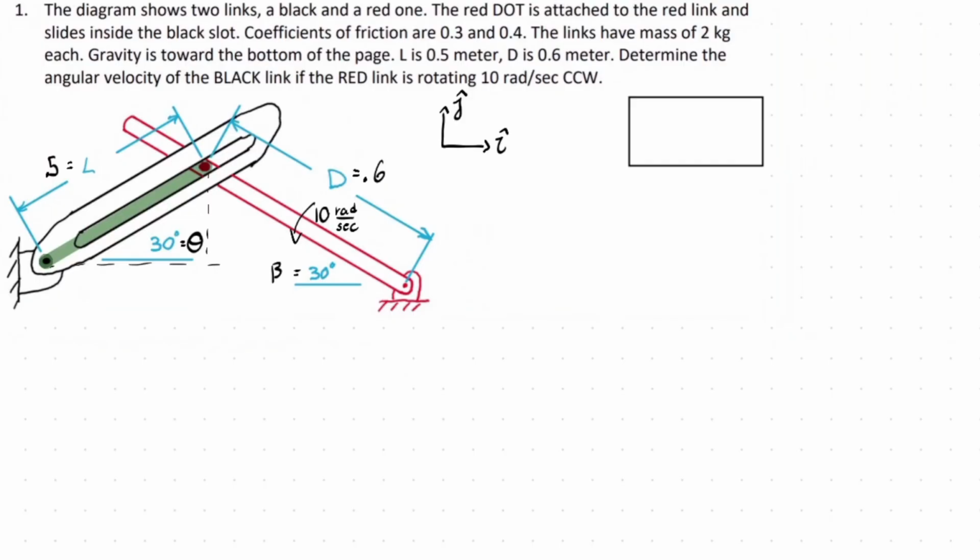This bottom part is going to be the cosine of this angle, cosine of theta. And then this vertical part is going to be the sine of theta. This is going up, so it's plus J, not Y, J. And this is going to the right, so that's plus I. So that's our first part, so let's write it out.